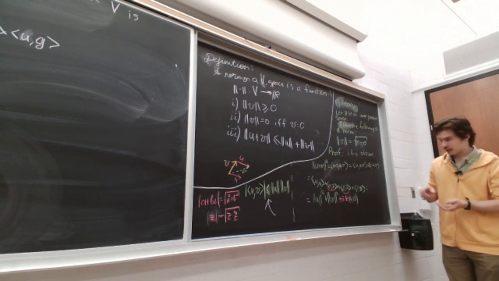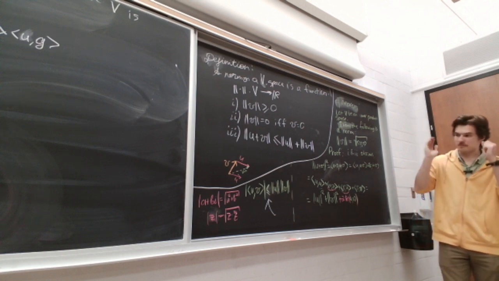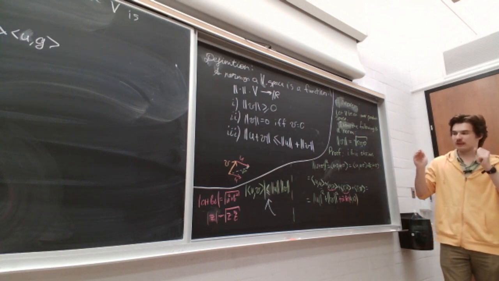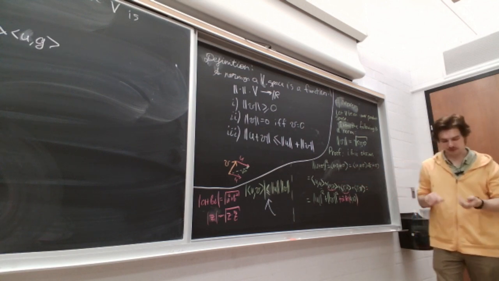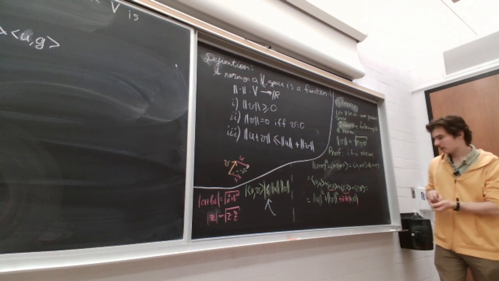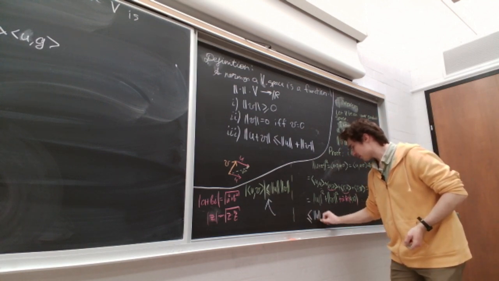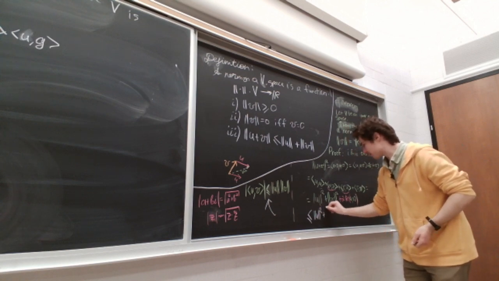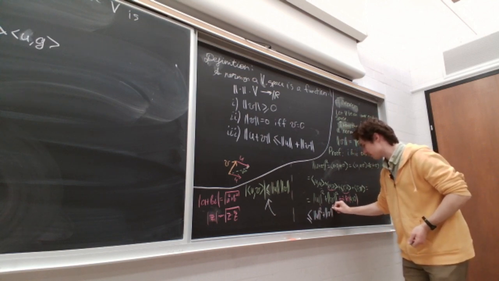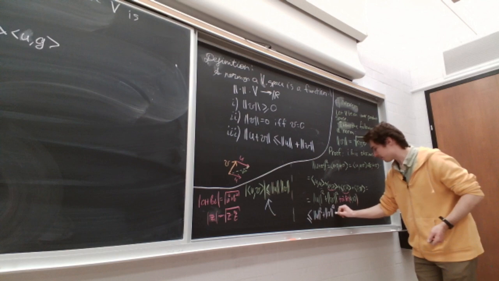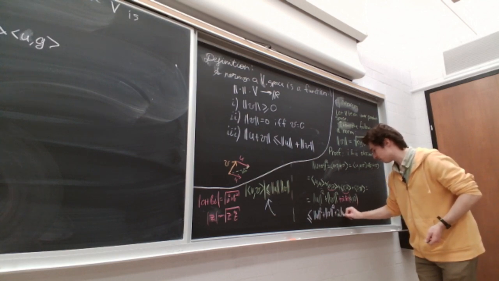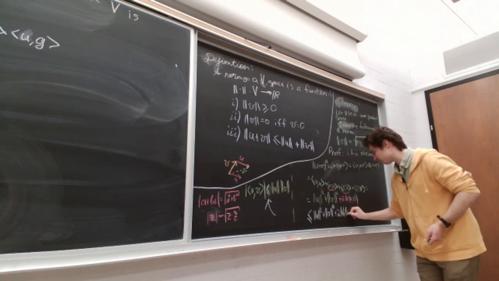From this, we know the magnitude of the inner product of U and V has to be less than or equal to the magnitude of U times the magnitude of V. Then I can write that this whole thing is less than or equal to the magnitude of U squared plus the magnitude of V squared, plus 2 times the magnitude of U times the magnitude of V.